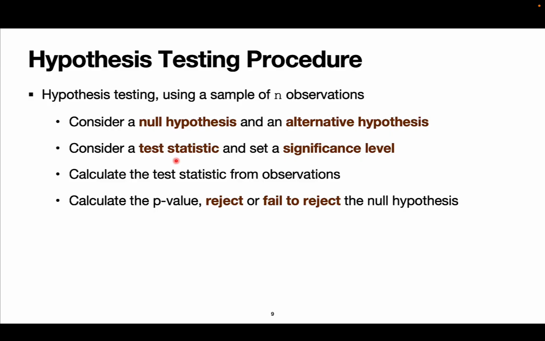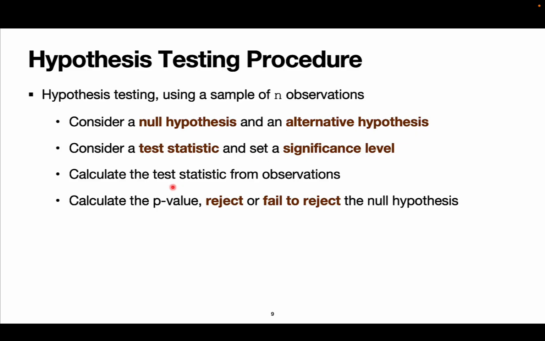Next is the test statistic, which depends a lot on the data types and the context of the experiment. But as I explained earlier, we are going to focus on the chi-square test. The significance level, often denoted by alpha, is a threshold for deciding whether the observed data provided sufficient evidence to reject the null hypothesis.